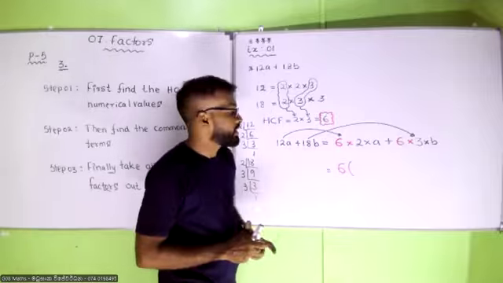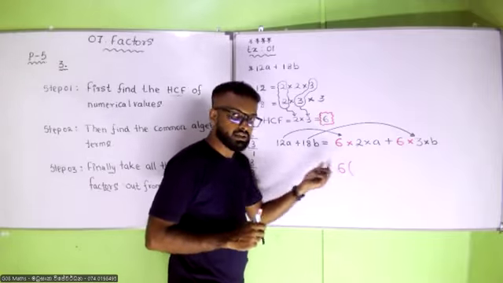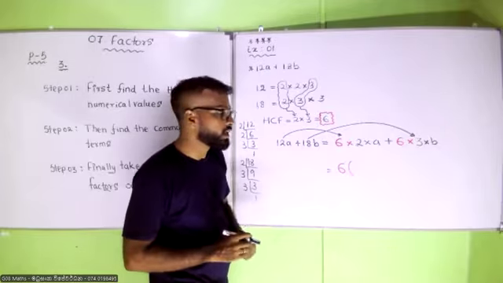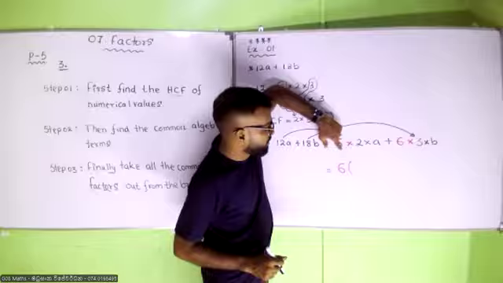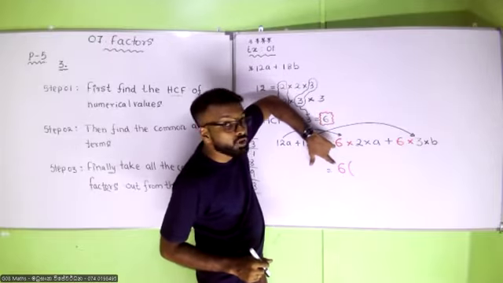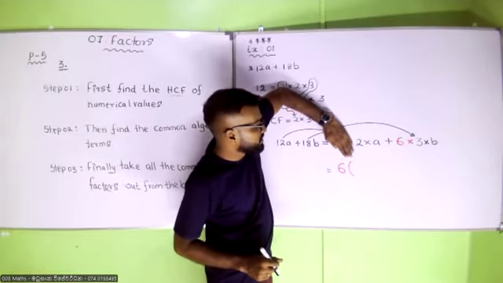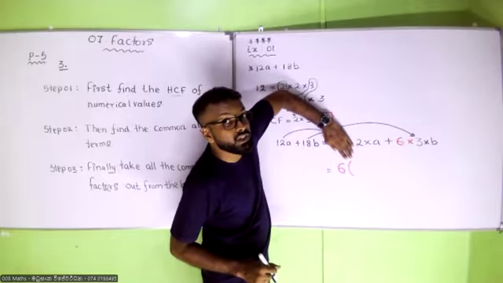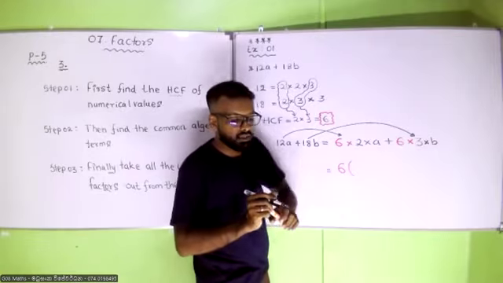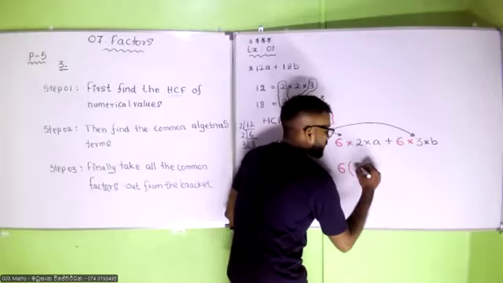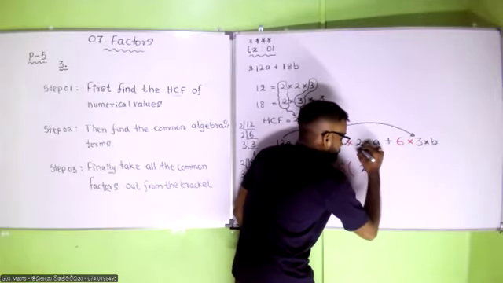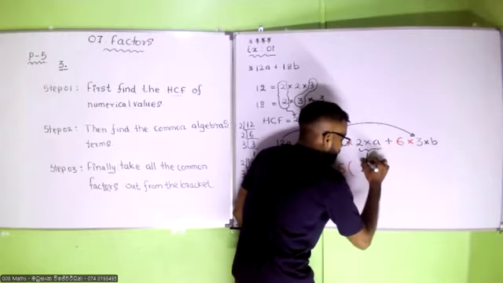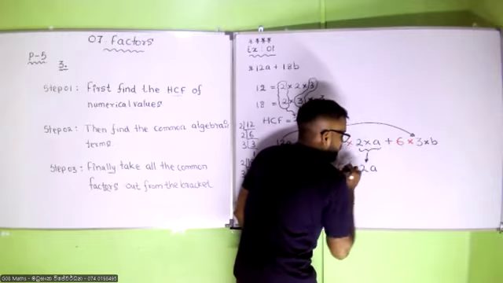Inside the bracket, what am I going to write? For a moment, if you are taking 6 out of the bracket, just forget 6. What are the rest of the terms? 2 times a, that means 2a.